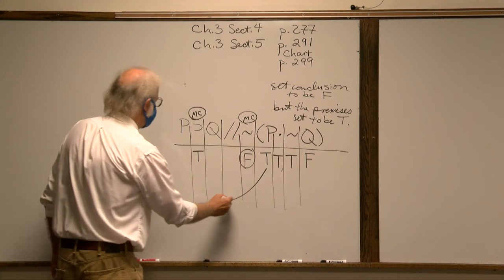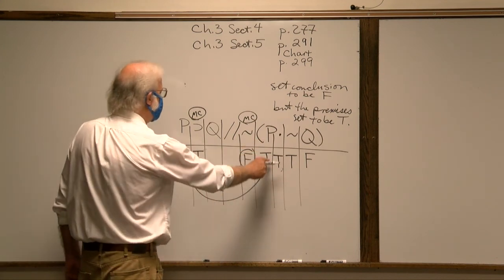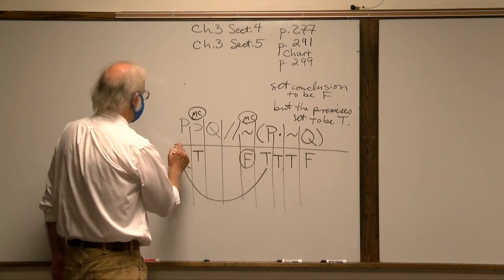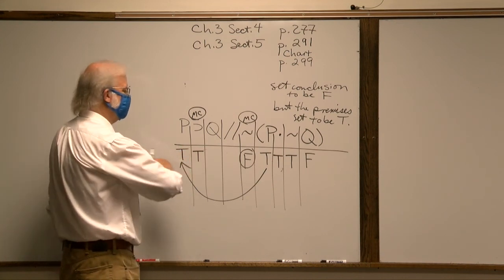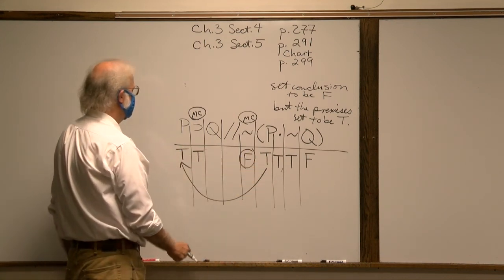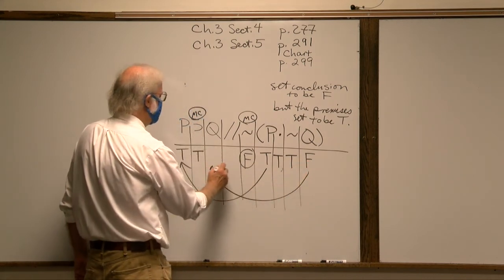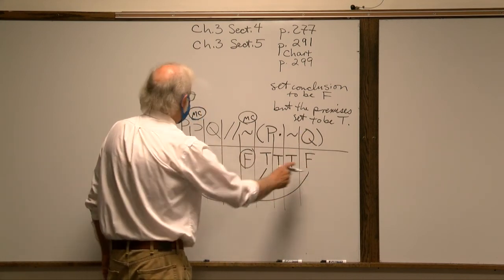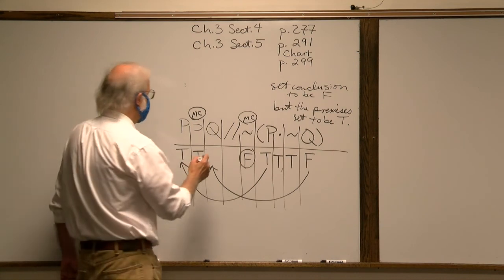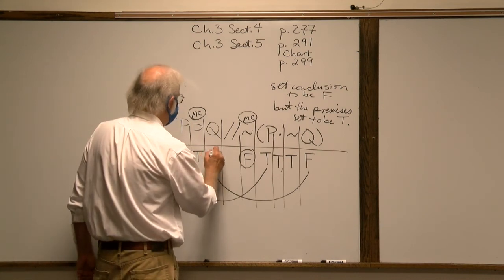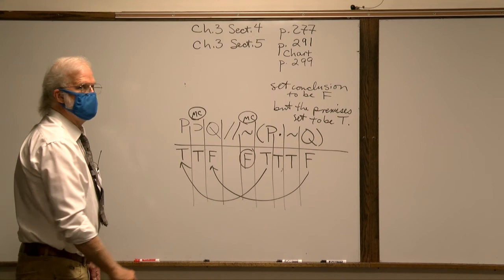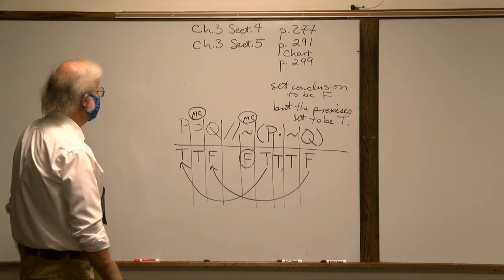Now, we insert the value of P from the conclusion. We know that P has to be true all the way across. And we're going to insert the value of Q. Now, we know that Q has to be false because it was false in the conclusion.